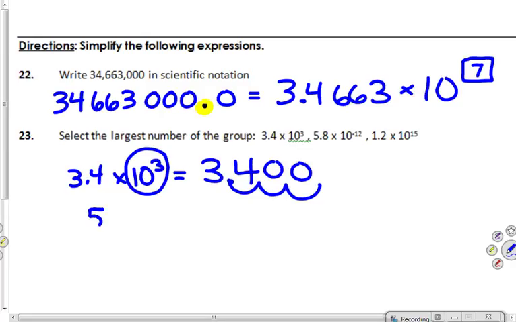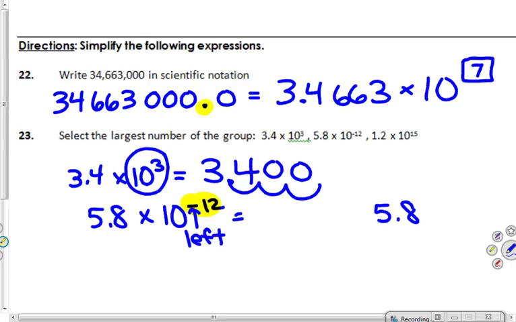What about 5.8 times 10 to the negative 12th? This is our first look at a negative exponent. Well, with scientific notation, with a negative exponent, you take the decimal point and you move it left. Now think about that for a minute.